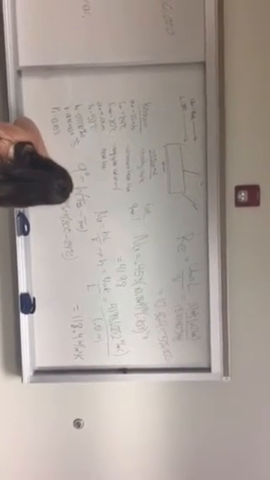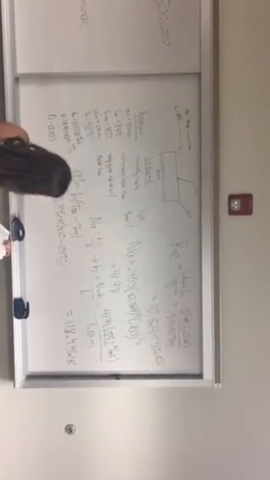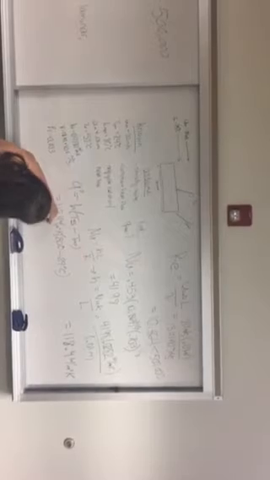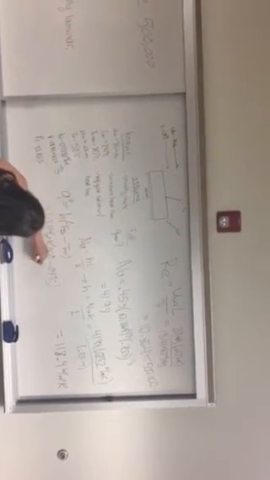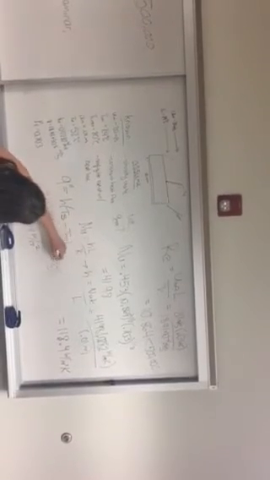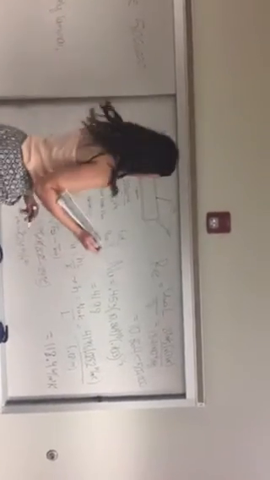Since that's just a difference, we don't have to worry about our units between Celsius and Kelvin. And we get a q double prime of 6,630.4 watts per meter squared.